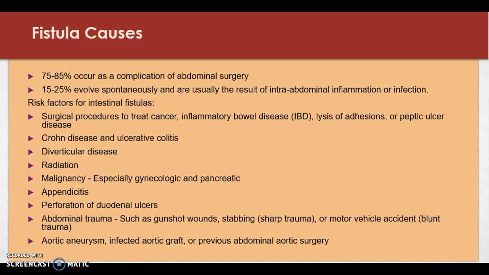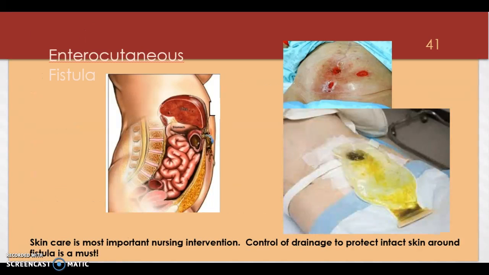History of appendicitis can create risk. Duodenal ulcers that have perforated, any other abdominal trauma, whether from knife, motor vehicle, or gunshot wounds. And if you've had an aortic aneurysm in the past or any kind of graft to repair that, you're at higher risk for fistulas to develop.